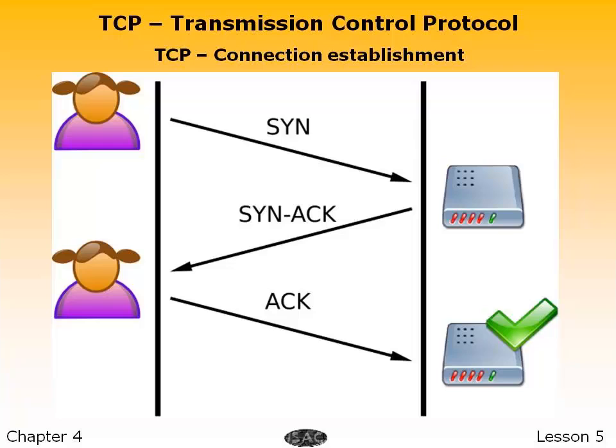Sequence numbers and acknowledgements cover discarding duplicate packets, retransmission of lost packets, and ordered data transfer. To assure correctness, a checksum field is included.